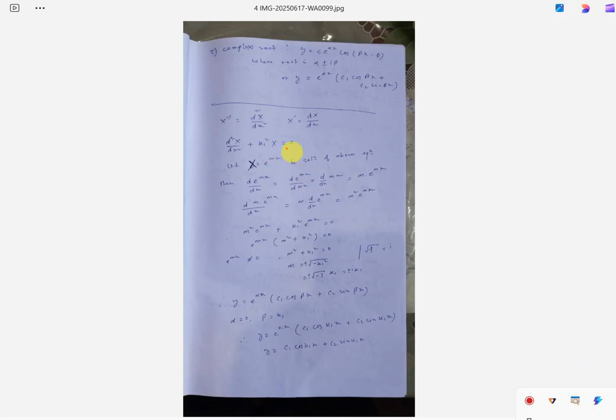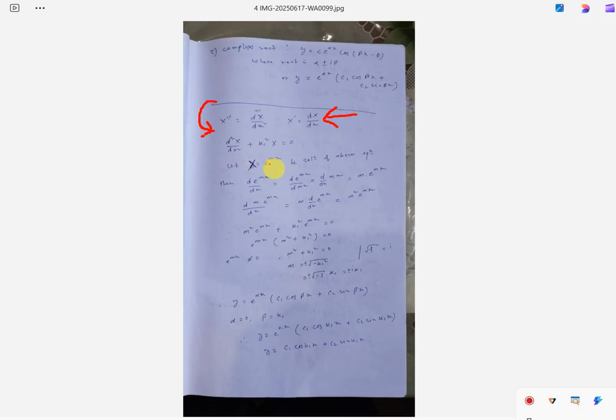So if our differential equation is like this one, then we already know this is nothing but double differentiation. This is the first order differentiation. This is second order differentiation.